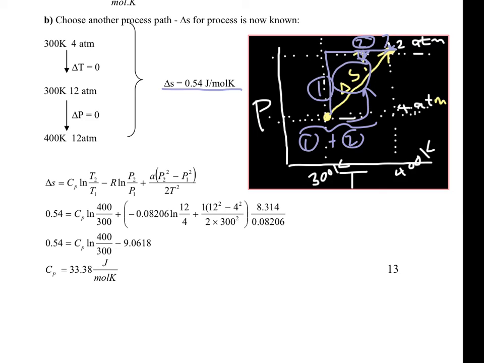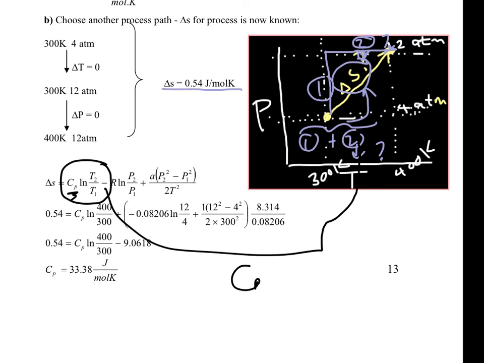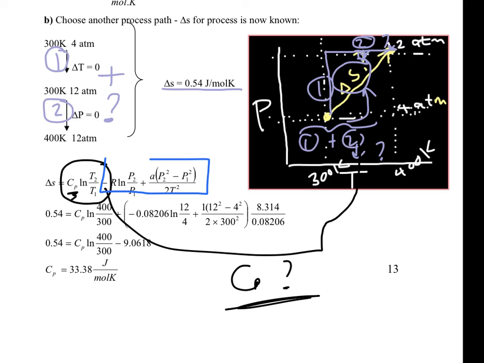If we can now calculate this unknown entropy, we can relate that to this part of the equation, the Cp ln temperature 2 over temperature 1 at 12 atmospheres, and we can calculate the Cp value from that relationship. So the same expression can be used as that one derived previously for change in entropy with a change in pressure when the temperature is constant.